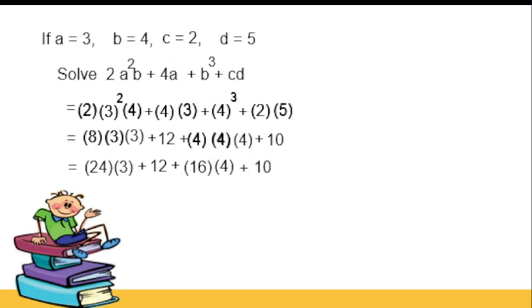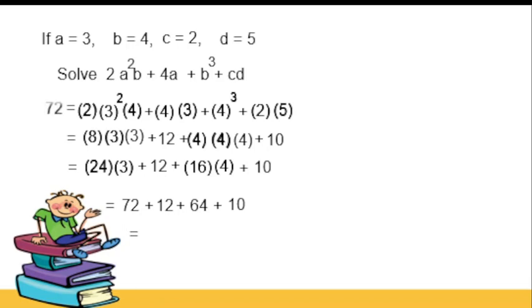And then get the product of 24 and 3, and that is equals to 72, plus 12, and then the product of 16 and 4 is equals to 64 plus 10, and then add.